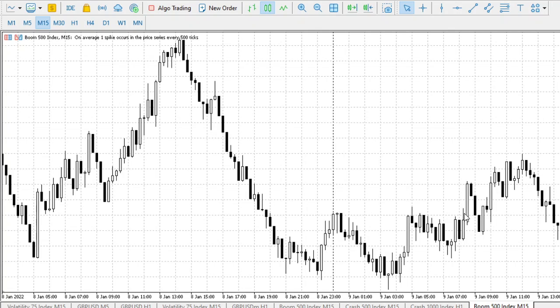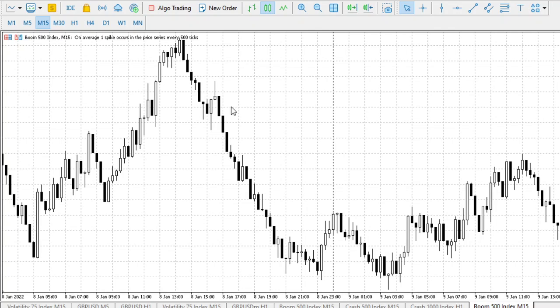When the market was going up again, it went for this bullish candlestick here. Then the market went down again, up, aiming for this bullish candlestick again. Then the market went down, up again, targeting this bullish candlestick.